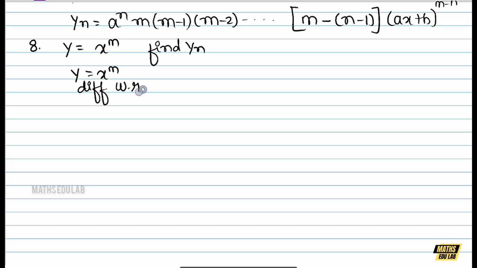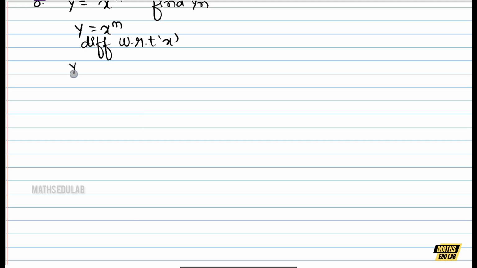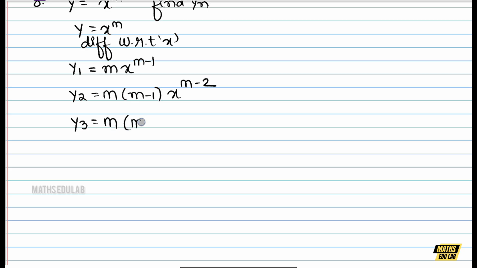After differentiation, y1 is equal to m x to the power m minus 1, and similarly the second derivative will be m into m minus 1 times x to the power m minus 2. Then y3 is equal to m into m minus 1 into m minus 2 times x to the power m minus 3.